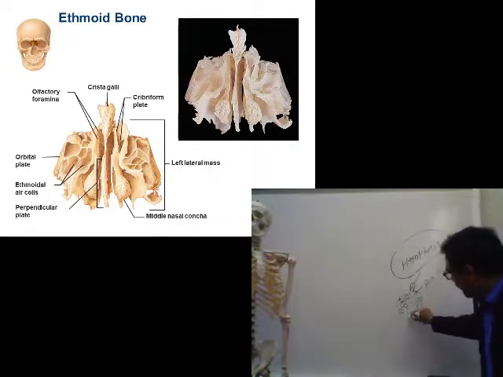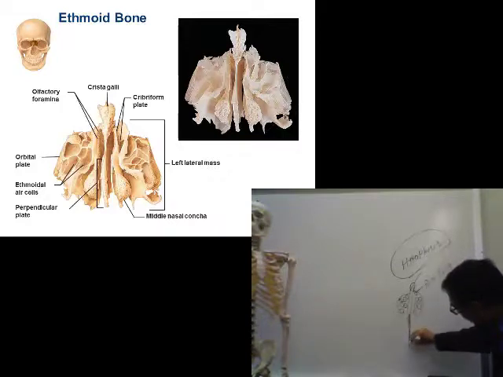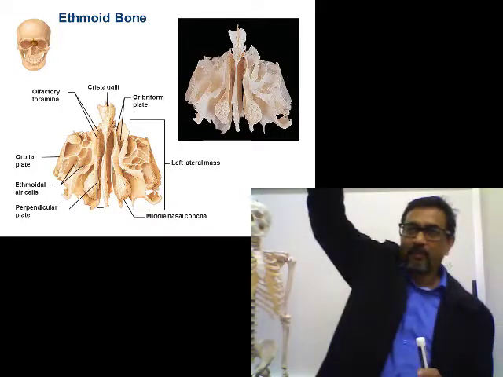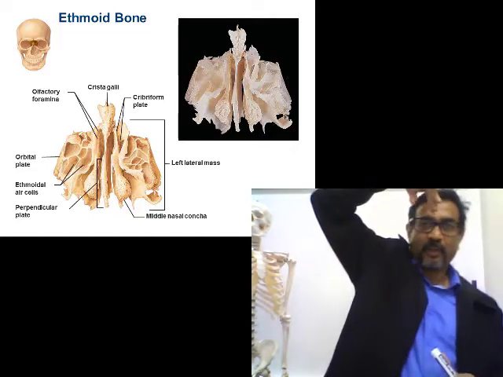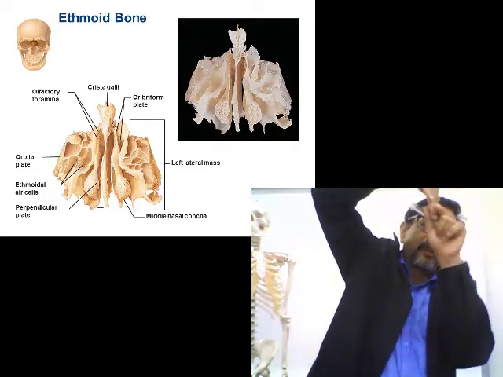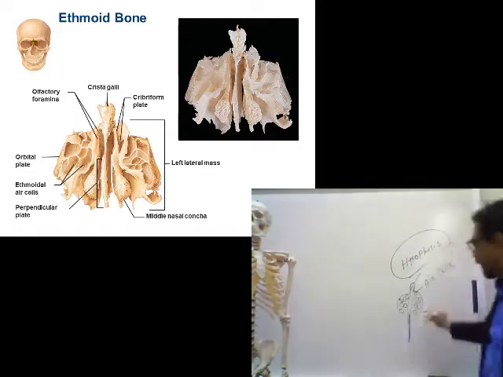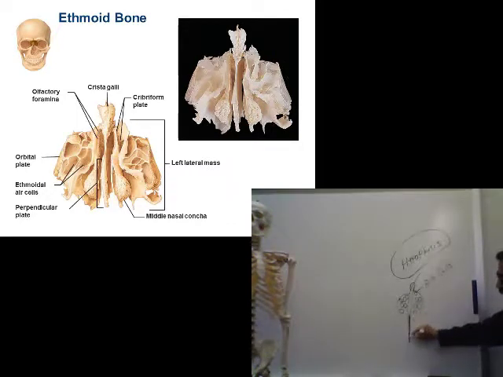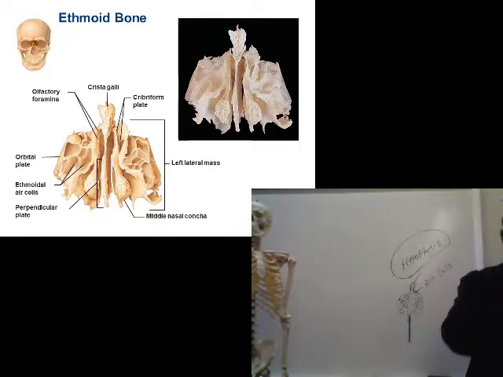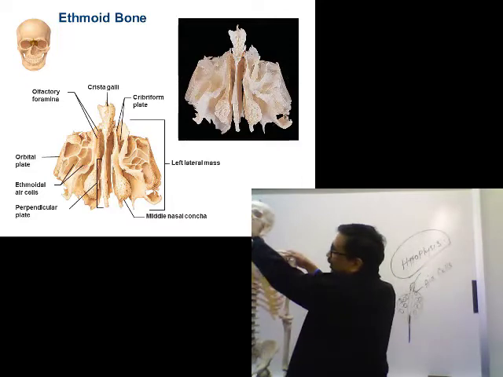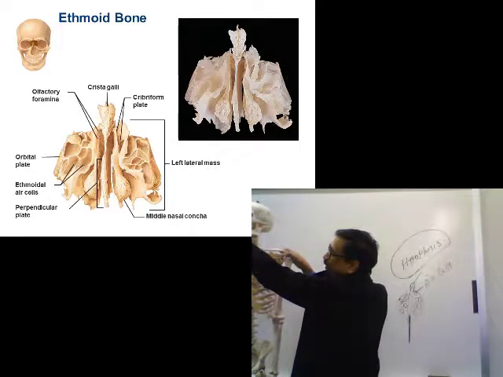And then the lower part is like a flat plate of bone going downwards, straight like this, and that is called the perpendicular plate of ethmoid. That part you can see inside the nose.